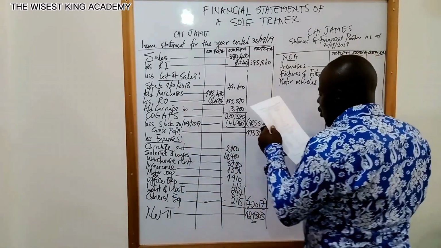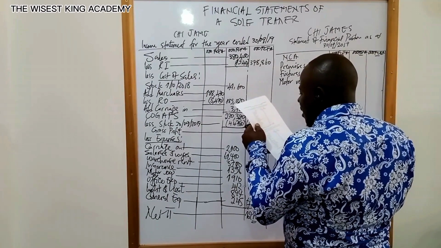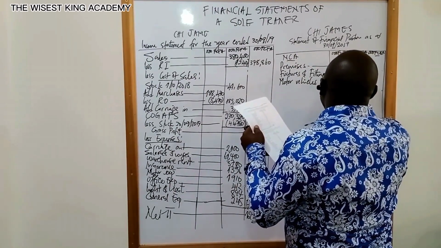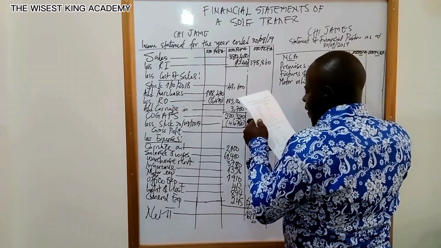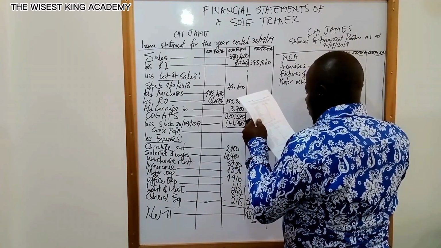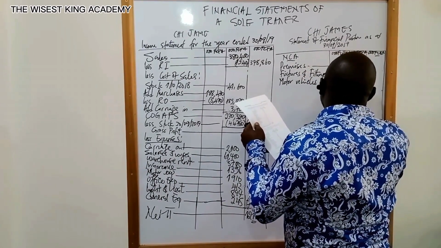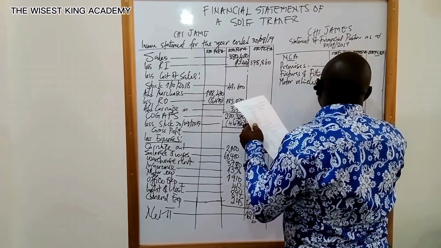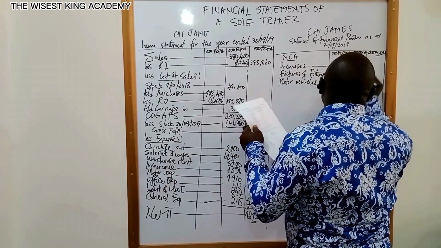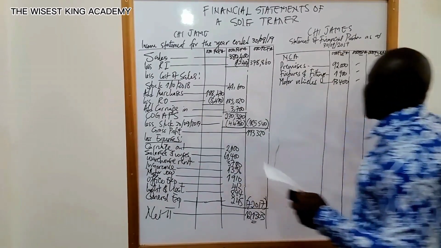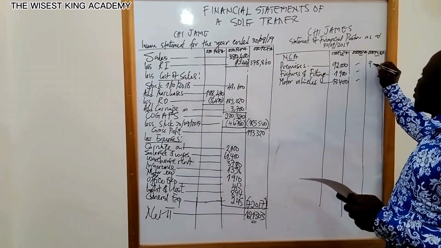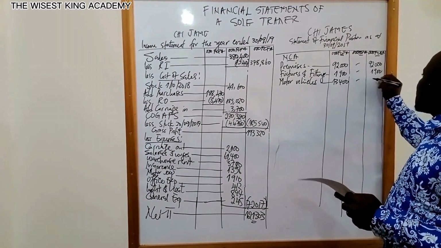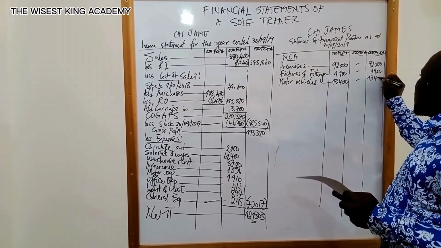So this is what I'm going to do. I'm going to record this amount in the first column. Premises is 92,000. Fixtures and fittings 1,900. Motor vehicles 13,400. These same figures I'll bring in the last column: 92,000, 1,900, 13,400.